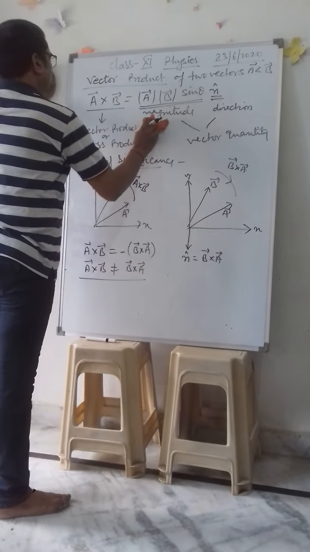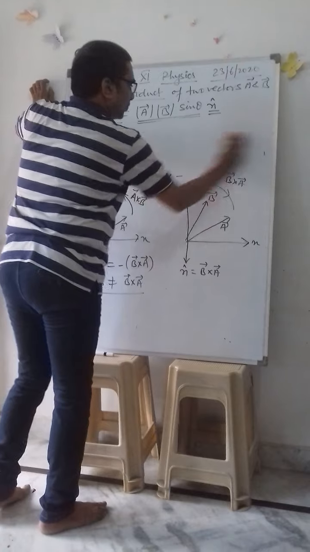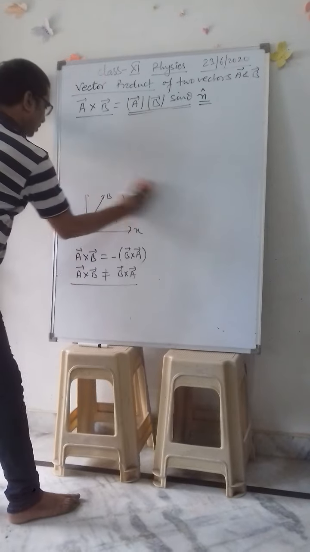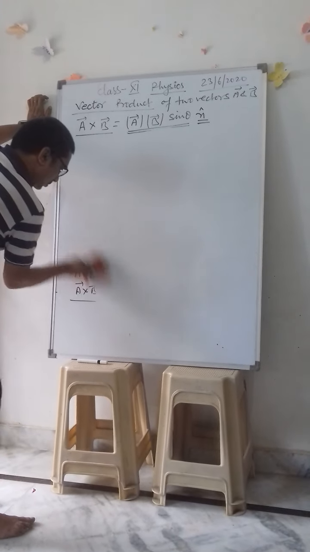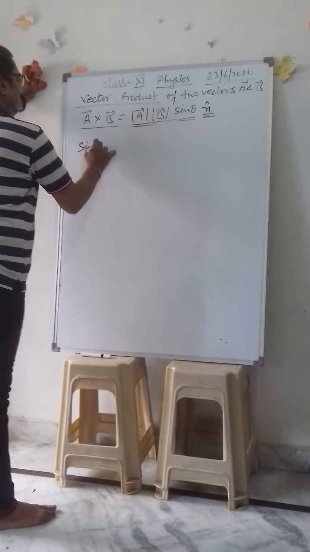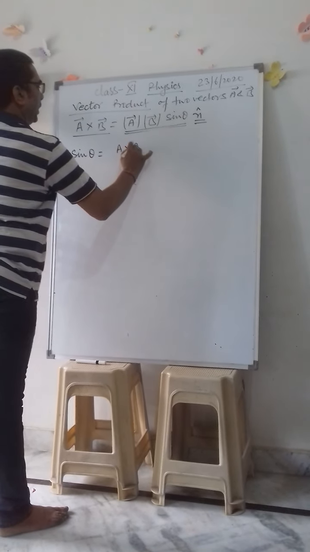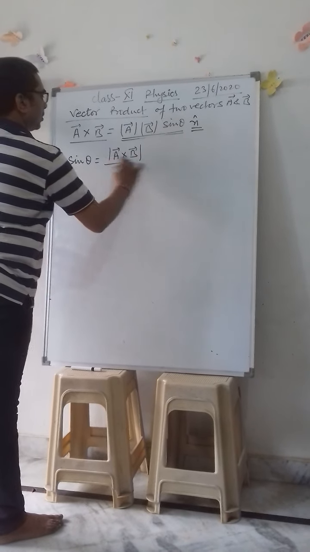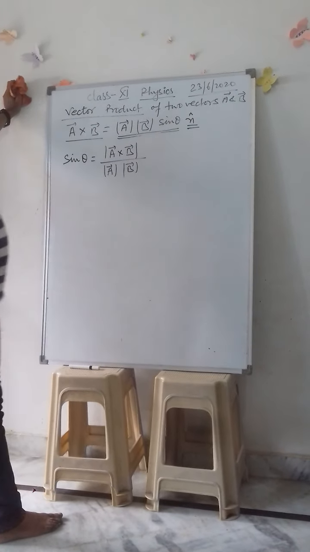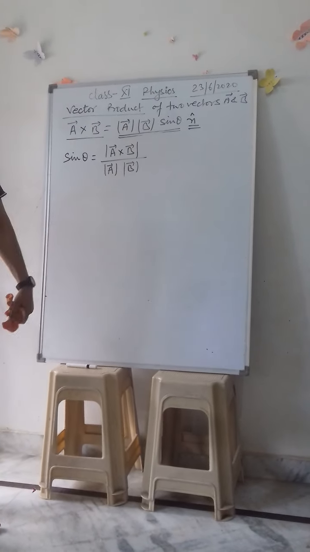For this we will observe, here sin theta is equal to mode of A cross B upon mode of vector A, mode of vector B. This is the important formula for determination of the angle between given two vectors.